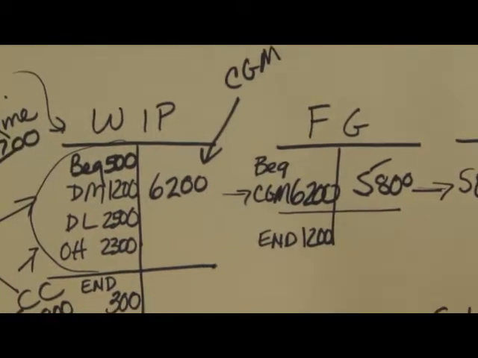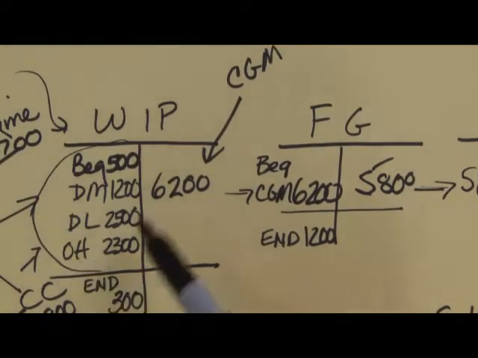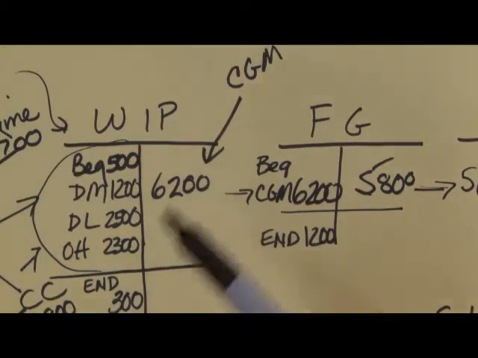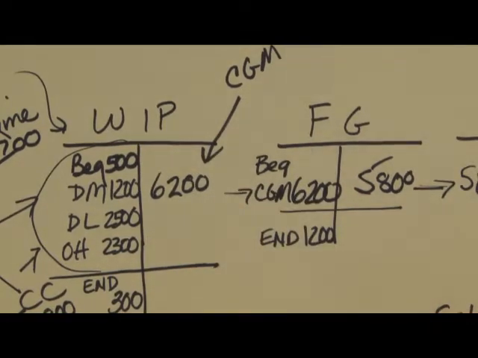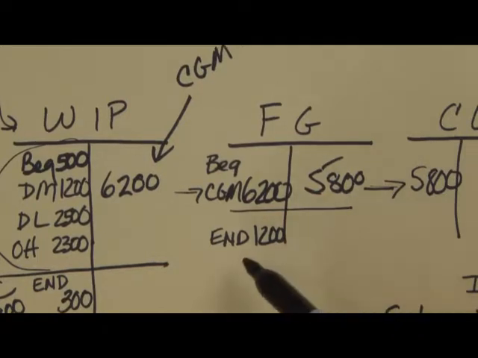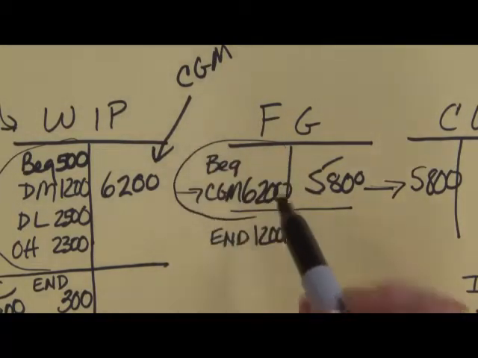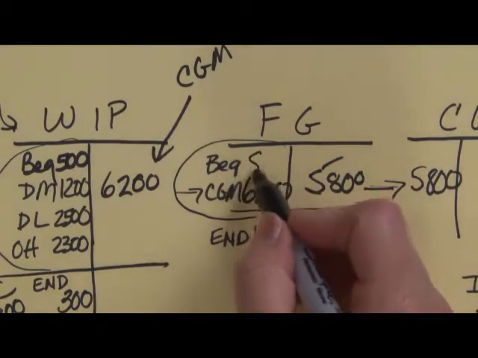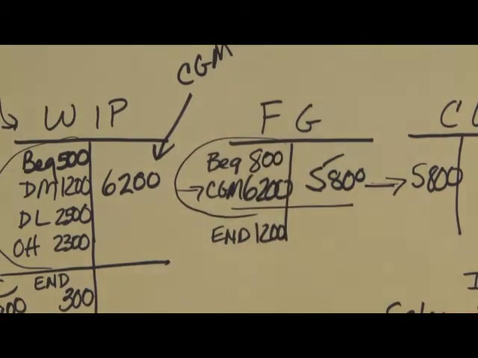If you look over in work in process, we added all these up and they had to equal ending plus sent out. What we're doing here is we have ending plus sent out equaling, in this case, $7,000. So $7,000 must also be represented in this area, giving us $800 for beginning inventory.